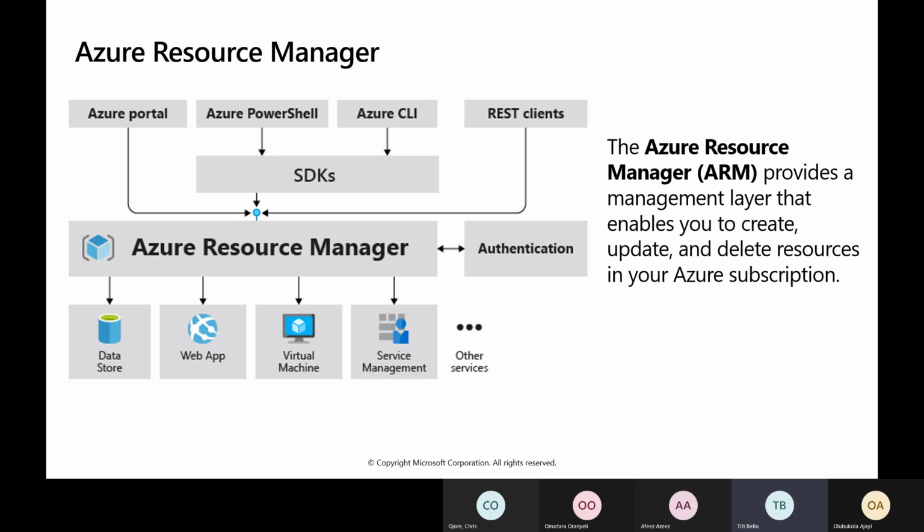So there are different ways by which I can connect to those resources to work on them. The most common one is the Azure portal. And then you can use what we call the REST API, REST client. The REST API is like a package that you deploy that gives you an interface that allows you to go and call for something within Azure.